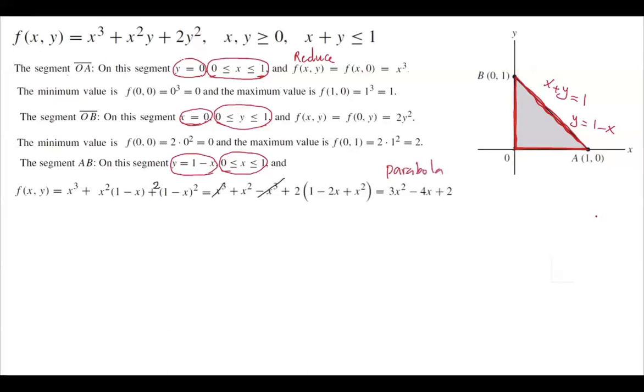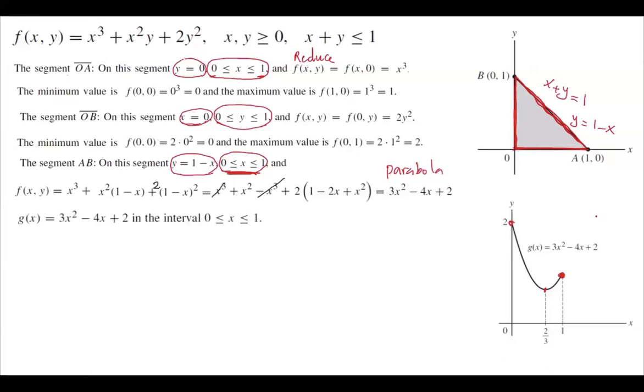So since you have a parabola and you have lower and upper bound for your x, if you graph this, you can see at 1, you have a value. Here, this is the point that the function stops because your x is bounded between 0 and 1. At 0, you have a 2 and you have minimum at 2/3. This function is 3x squared minus 4x plus 2. If you take the derivative of this function, you can easily find the critical point, which is 6x minus 4.